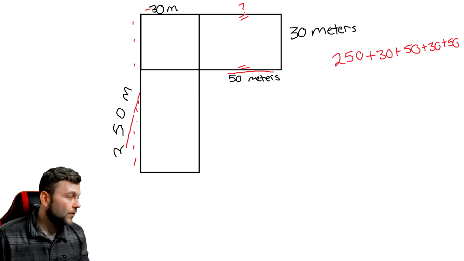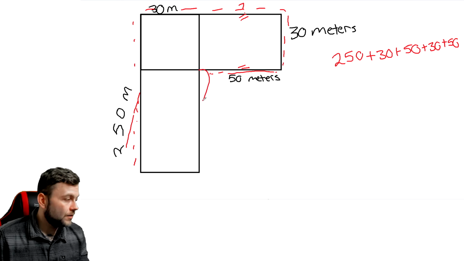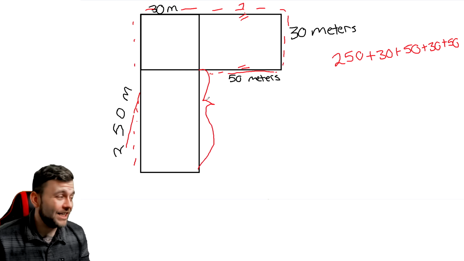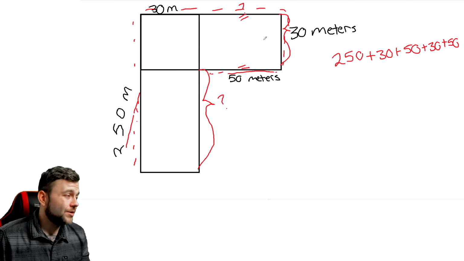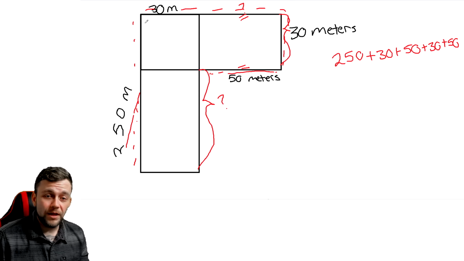So we have already walked around this entire part, and now we are just getting to this part, and this is where a little bit of math comes in handy. What is the length of this part? Well, we know that this part up here is 30 meters, and this whole length on this side is 250 meters.